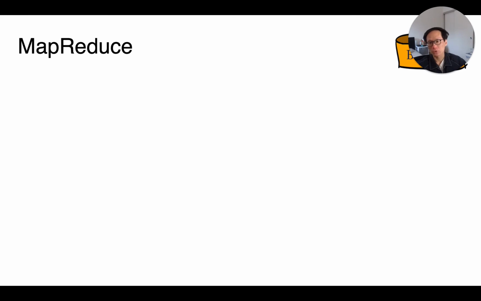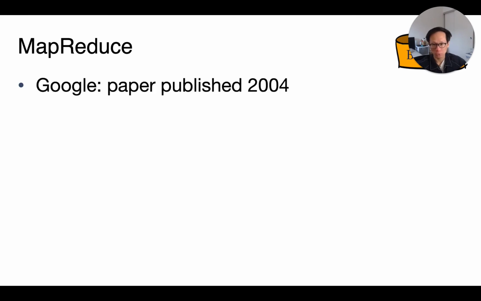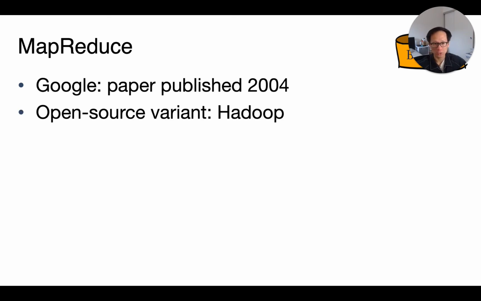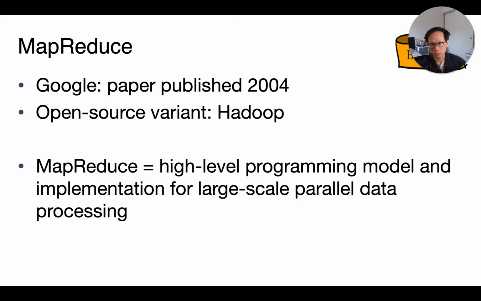Now, MapReduce itself was proposed in a paper published in 2004 by Google folks, with a subsequent open source implementation called Hadoop. As I said earlier, MapReduce is a programming model that targets interaction with such semi or unstructured data that is stored across many different machines.